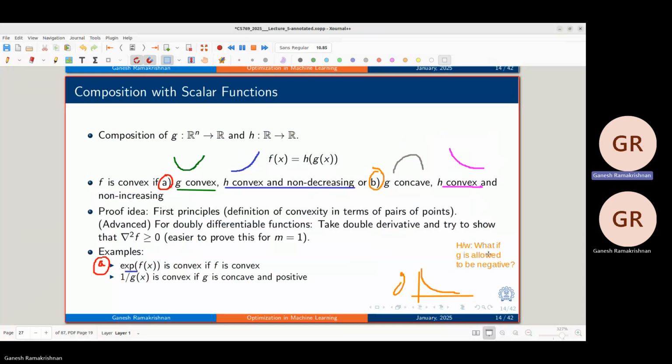So which of these two cases does it fall in? The second case: g is concave, h is convex and non-increasing.